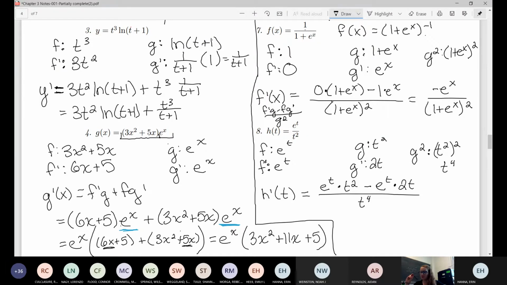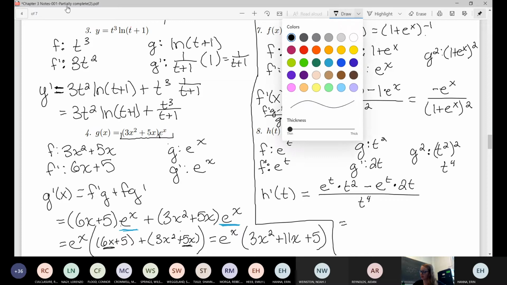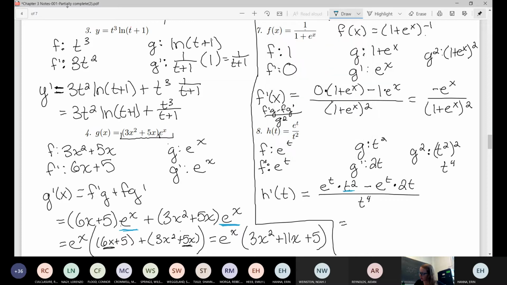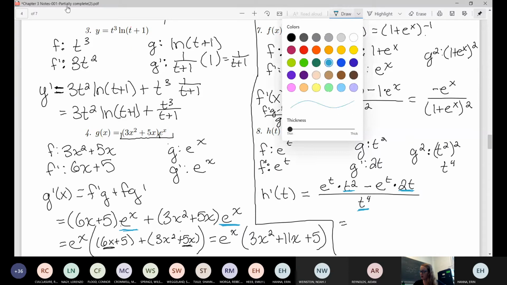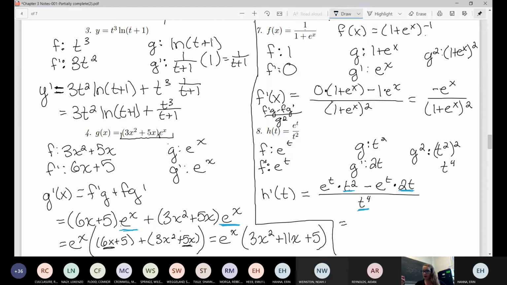There's not too much to simplify here, but one thing I'll note, it wouldn't even really be helpful for the next section, but I'll just do it anyway. Notice that every one of the terms in the numerator and the term in the denominator have t's. And specifically, they all have at least one. So essentially what could happen is we could factor that t out of the numerator. And I like writing the e terms in the back, so that's just personal preference.